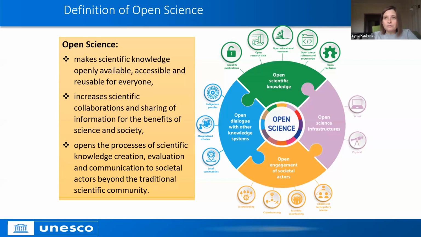There are also a number of clauses in the UNESCO recommendation on open science on ensuring that open science doesn't disadvantage anyone, and unethical practices, like we discussed earlier today, should be prevented. So this extraction of knowledge from knowledge holders or unethical research sharing or publishing practices shouldn't be happening.